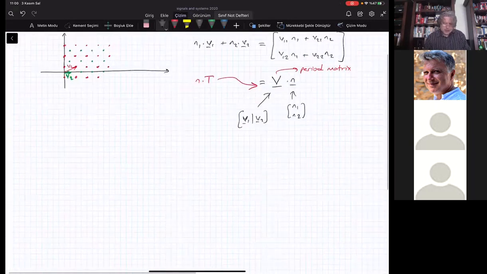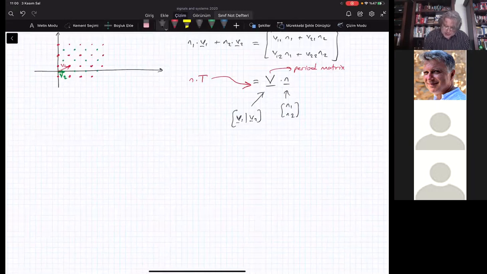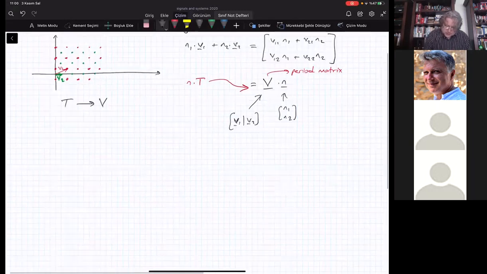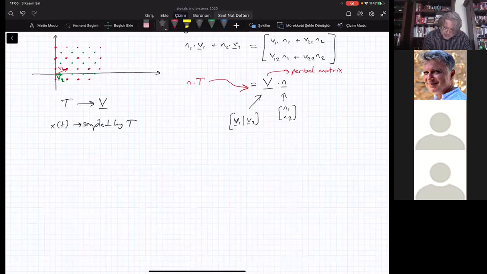All right, so we can make an analogy: T is converted to V, or V matrix. Of course, X of T sampled by capital T will be converted to, so this is a double arrow, X of T vector is sampled by, let's say, the V matrix.